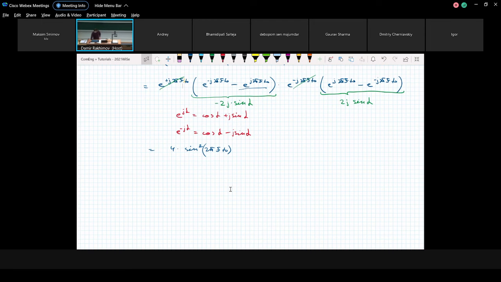We have to find what the output of this system will be. We can consider all possible options for the signal x of n. Then we can also consider what we have for the sequence x of n minus 2.